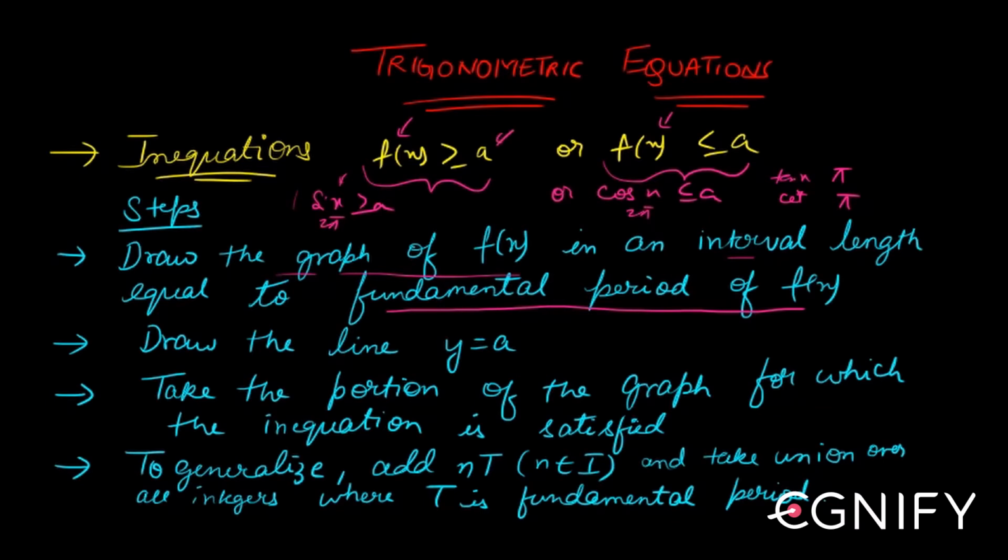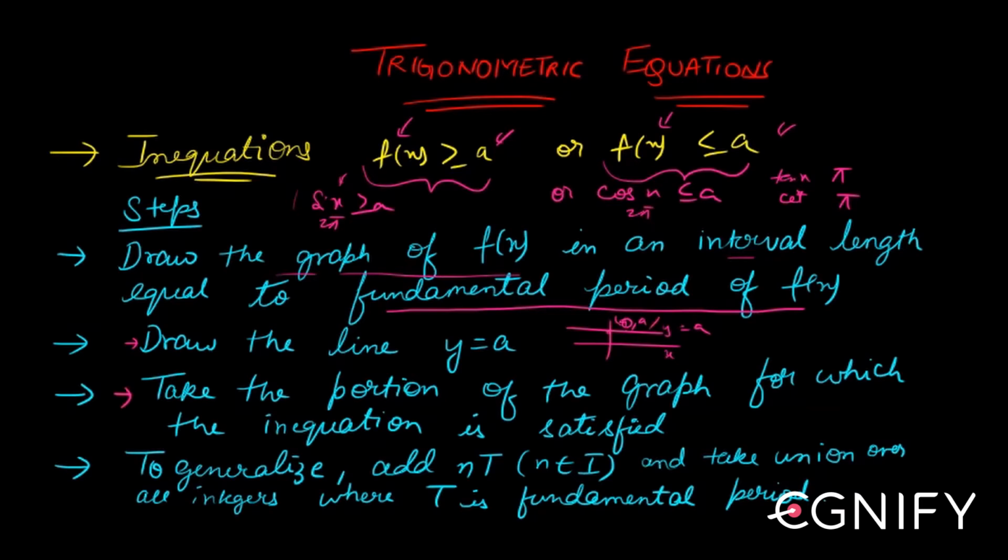Then you will draw the line y equal to a. The line y equal to a is a line that's perpendicular to the y-axis, where this is your point (0, a).